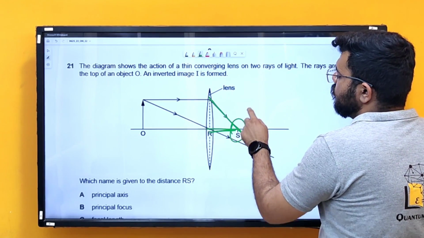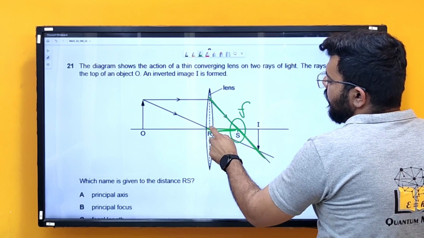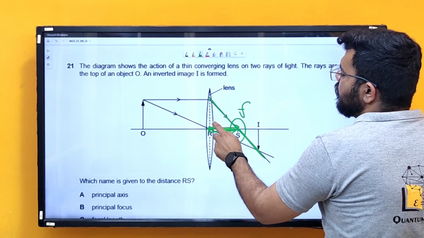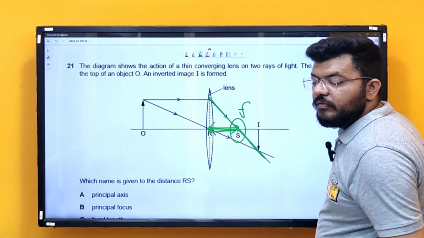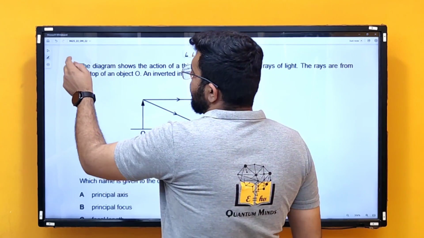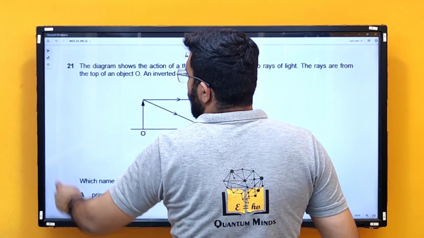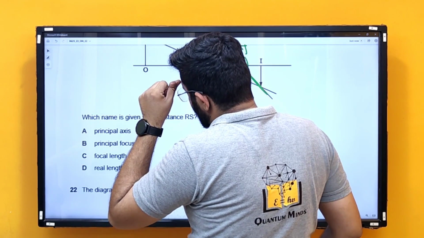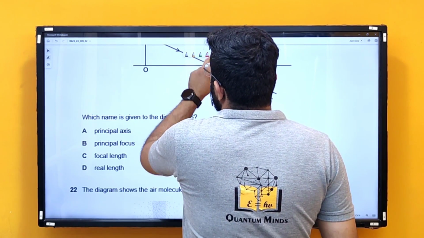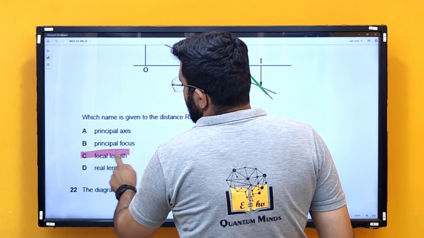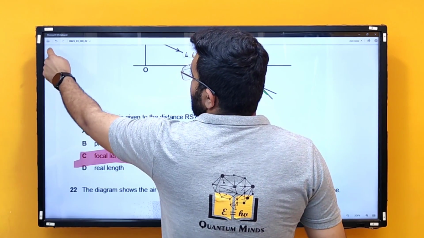It means S has to be the focus, and this is the center of the lens. The distance between the principal focus and the center of the lens is the focal length. Let's see if we have such an option. Principal axis, principal focus. They're asking distance, so it has to be focal length.